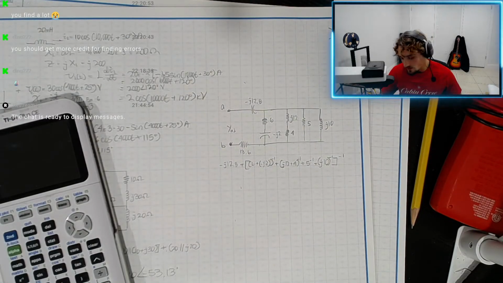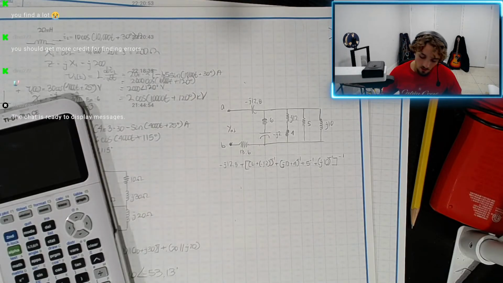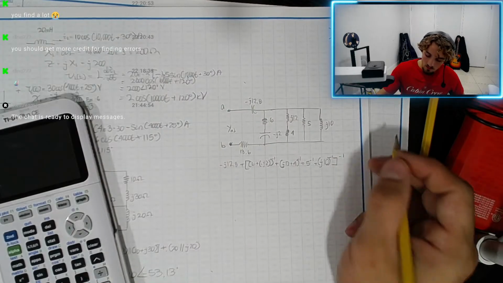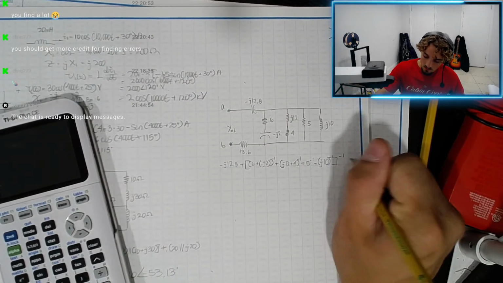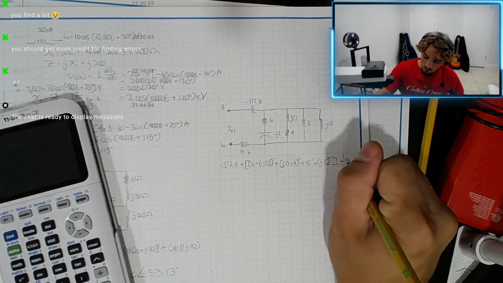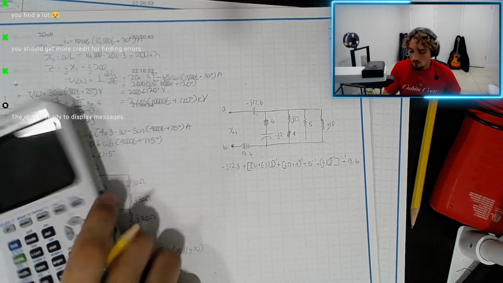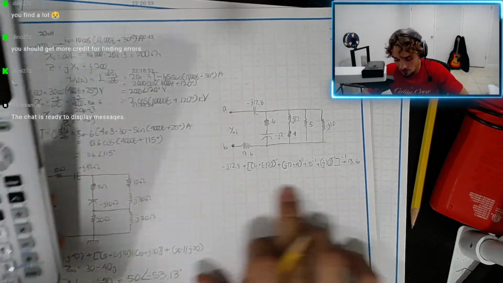Or rather, we could just take the inverse. Well, why? I mean, this works. And then I think we can just inverse this.